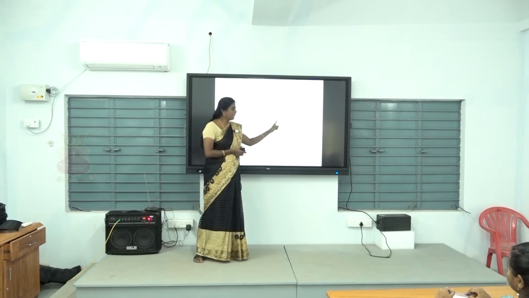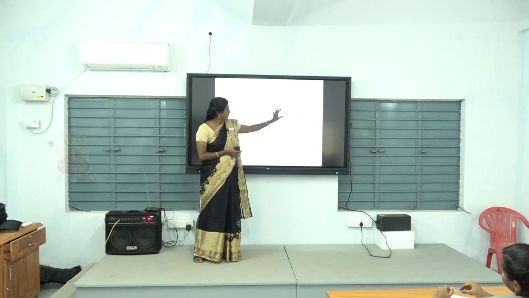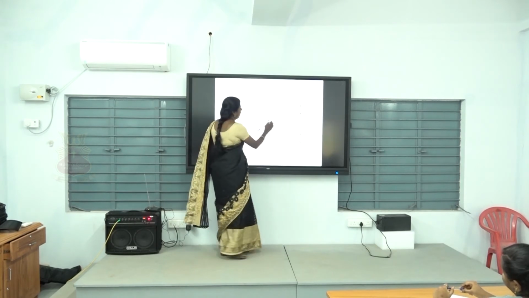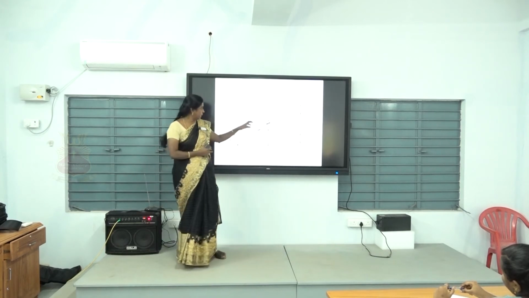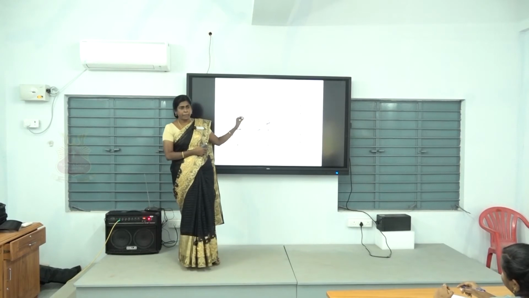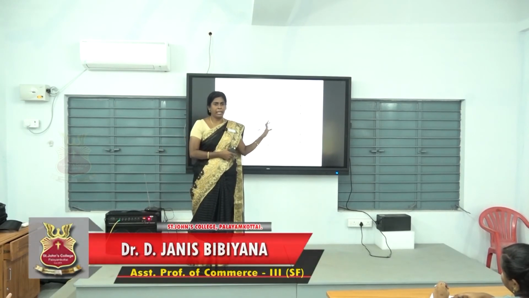This is the angle of incidence. If the angle is larger, the profit will be larger. Okay. Here if the angle is larger, the profit will be larger. Okay. This is the break-even point. It is also known as the equilibrium point or balancing point with no profit and no loss.